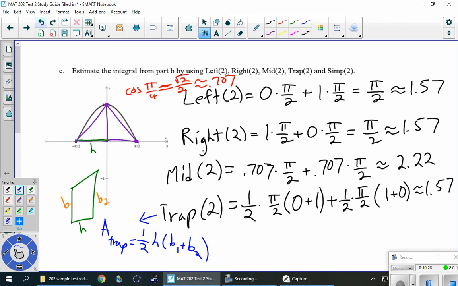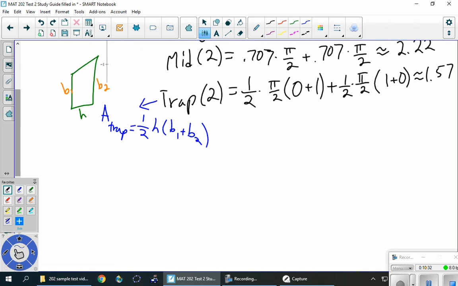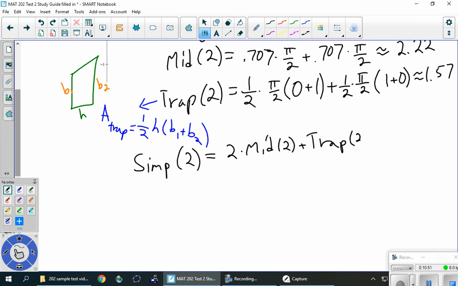Okay, and then the last calculation is Simpson's Rule. And all we need to know about Simpson's Rule is that it's a weighted average of mid and trap. Simp of 2. Okay, so the weights are, we're supposed to do 2 of the mids, and then we're supposed to add 1 of the traps, and then we divide by 3 always. 2 mids and 1 trap is three total things, so this is our weighted average.